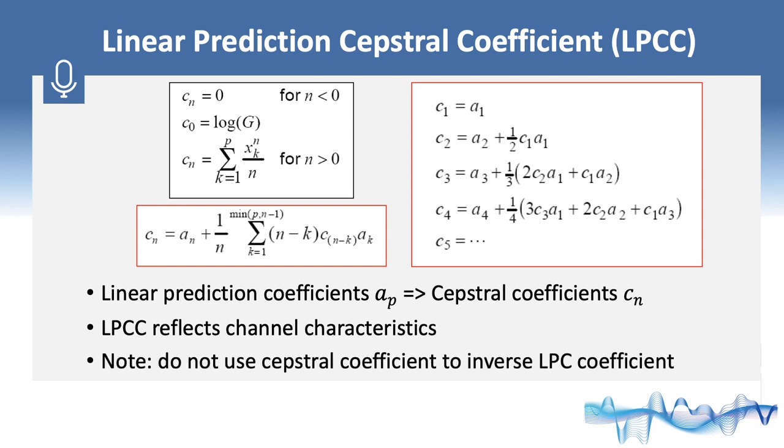It should be noted that we cannot use cepstrum coefficients to inverse LPC coefficients, which will cause system instability. LPCC discards the excitation information in the signal generation process, and more than 10 cepstral coefficients can represent the characteristics of the formant. So, LPCC has good performance when applied in speech recognition.